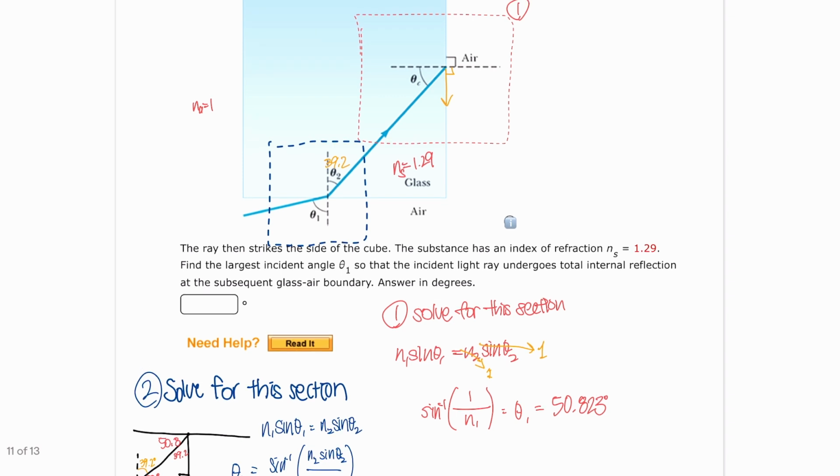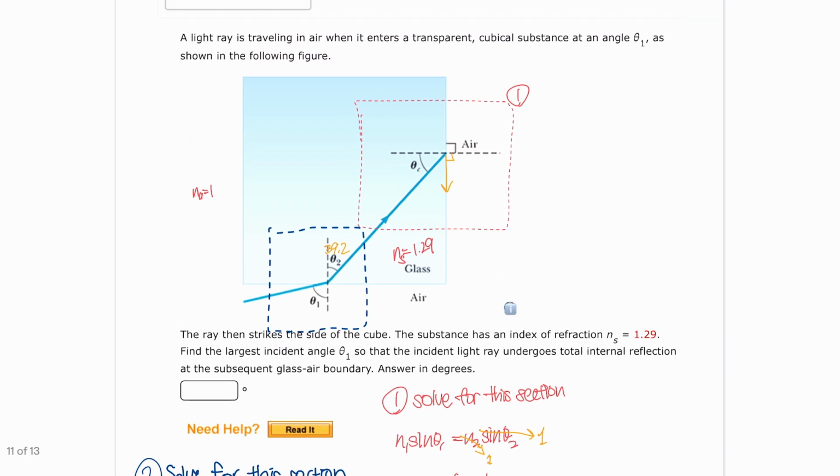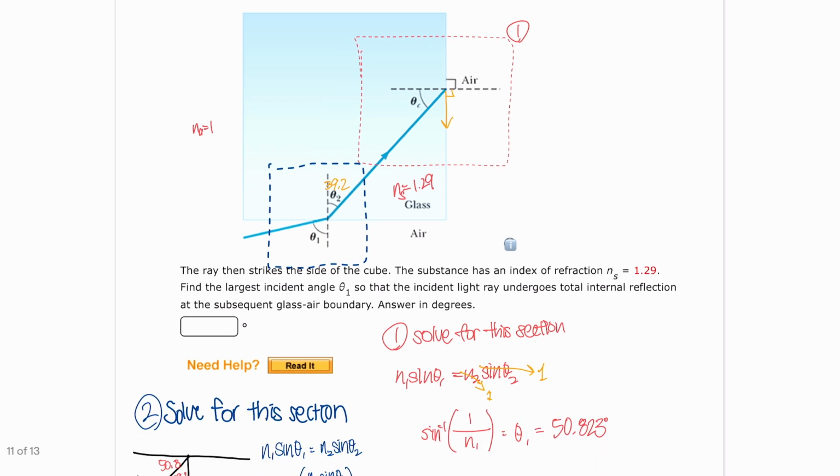First we're going to solve for this section. For these types of questions, like the critical angle question, except the ray goes from here to here to here, it's better to solve this part first. So it's better to solve it backwards, basically.